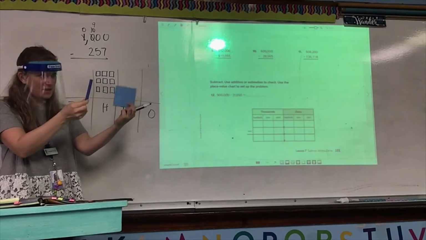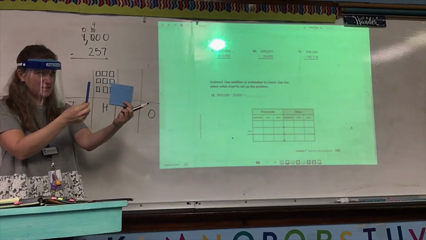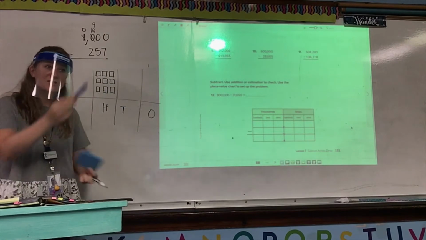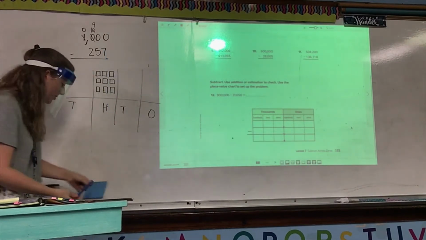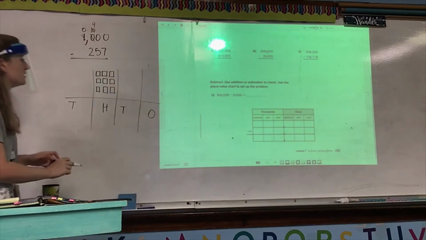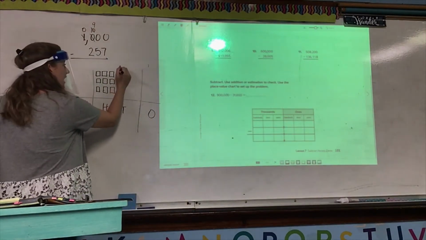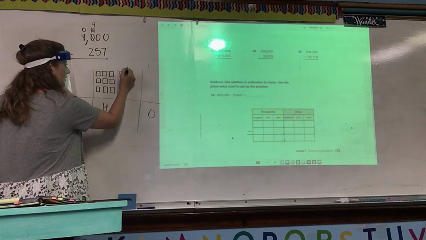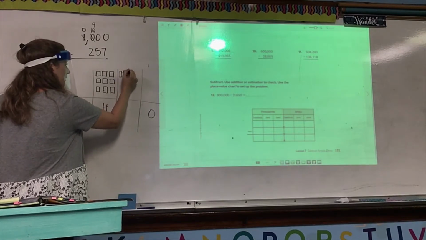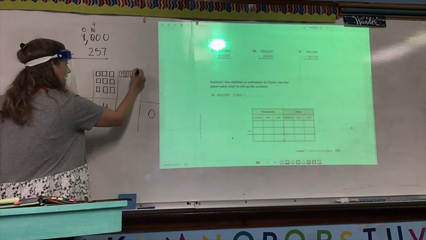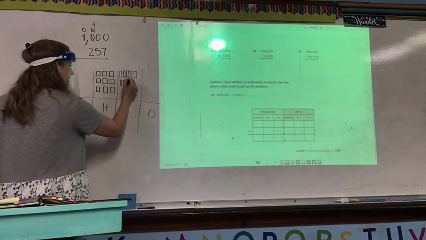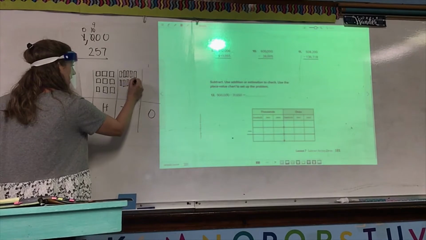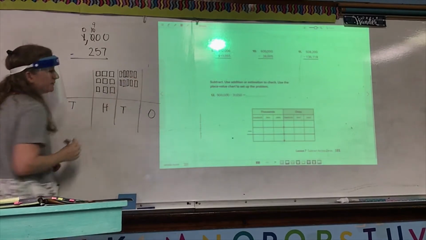How many 10 rods are in this 100 flat, Zadie? 10. Because there's always 10 of the smaller place in one of the larger places. So I'm turning that 1 hundreds flat into 1, 2, 3, 4, 5, 6, 7, 8, 9, 10.